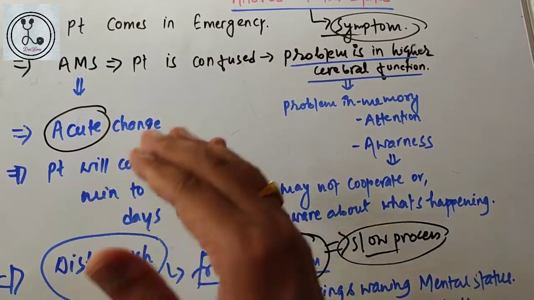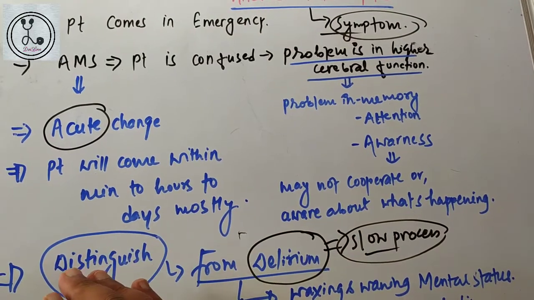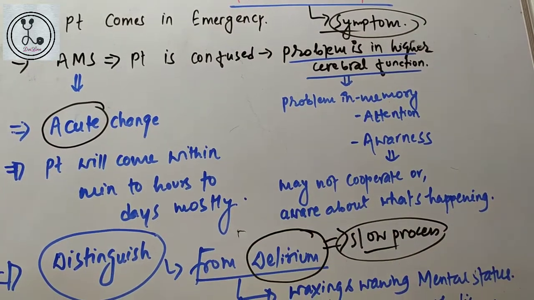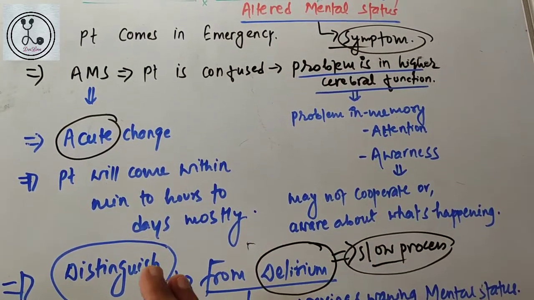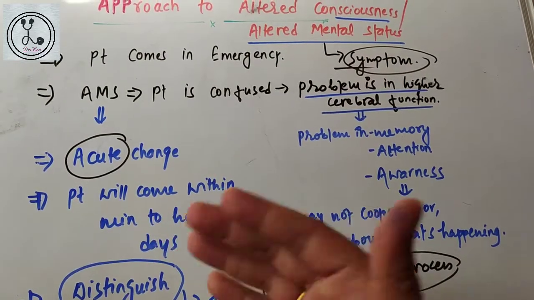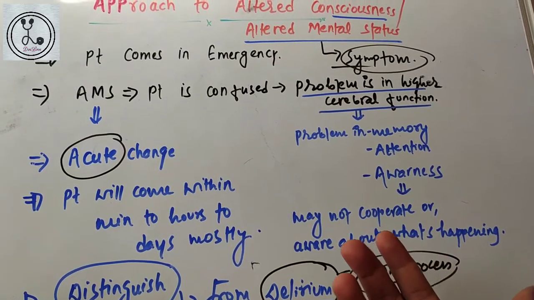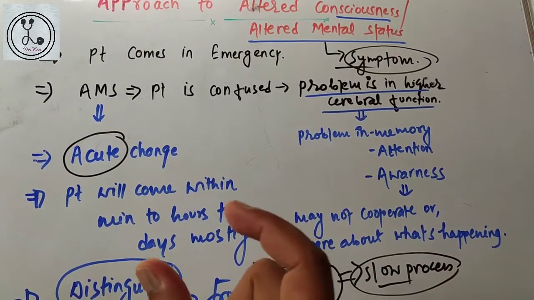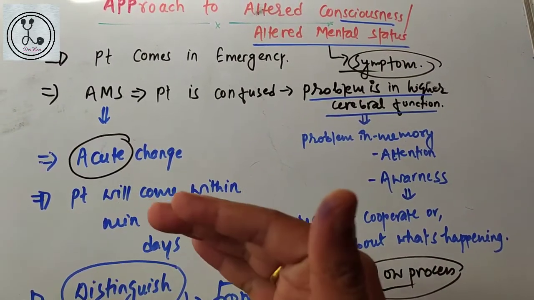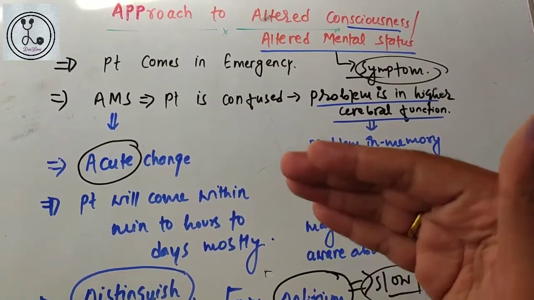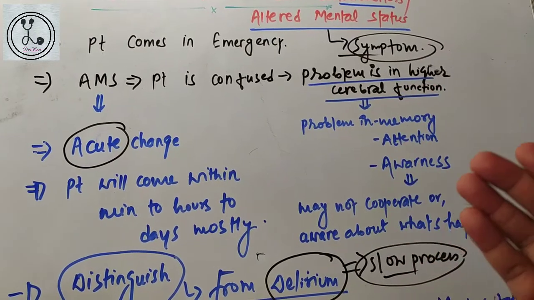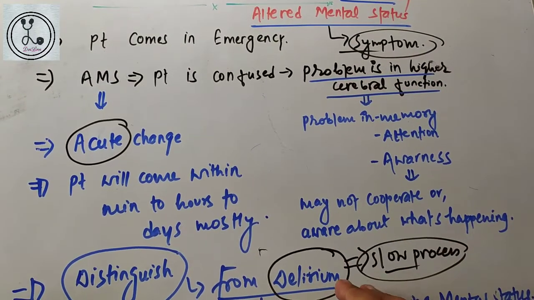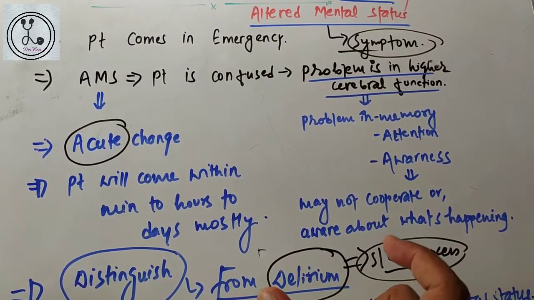So there will be waxing and waning, good days and bad days, and the process will be very slow. The person will not directly develop confusion or loss of memory, attention or awareness. There will be a very mild problem in the initial days, and the problem will increase with time. As time passes, the severity gets worse. That is how the process occurs in delirium.